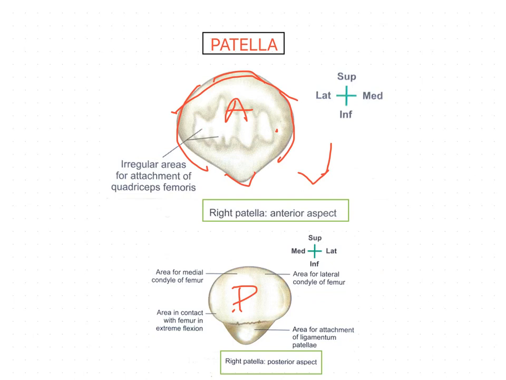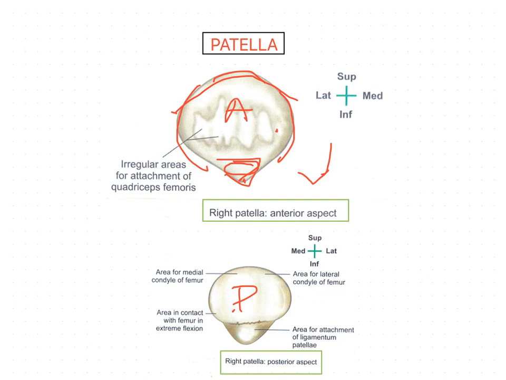The apex is directed downwards, which is rough and vertically ridged. It is covered by an expansion from the tendon of the rectus femoris, only this part, and this part is separated from the skin by the prepatellar bursa.